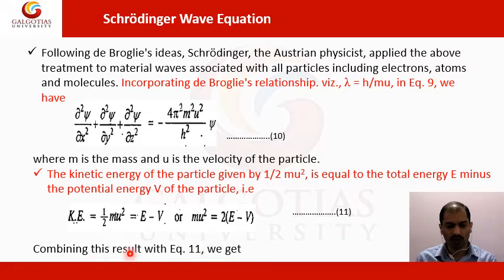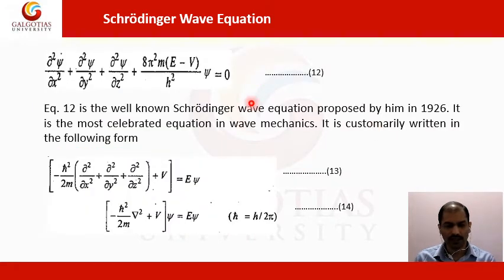Now combining this result with equation 11, you will see it takes the form of this equation: del square psi upon del x square plus del square psi upon del y square plus del square psi upon del z square plus 8 pi square m (E minus V) upon h square psi equal to 0.